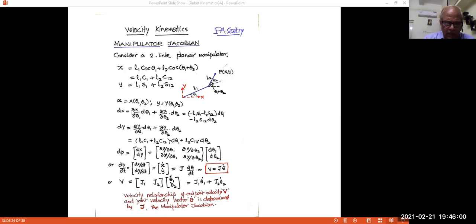Therefore, the small changes in x and y are given by dx equal to partial x by partial theta 1 times d theta 1 plus partial x by partial theta 2 times d theta 2. Given the expressions, you get minus L1 S1 minus L2 S12 times d theta 1, minus L2 S12 times d theta 2, from the partial differentiation of the second term.